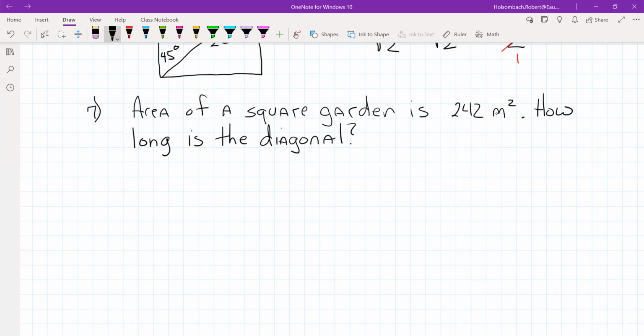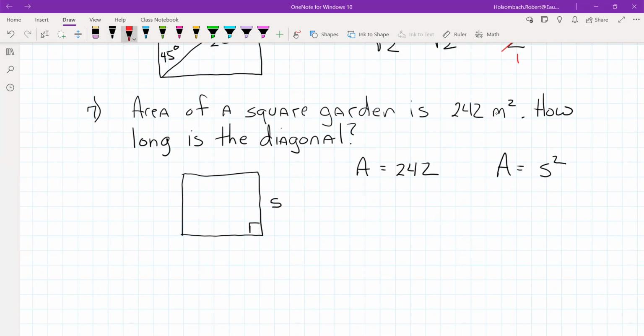All right, so you've got a square. The area of the square equals 242. The formula for area of a square is one side squared. And here's one of the sides. But all the sides are the same, aren't they? And all the angles are 90 degrees.